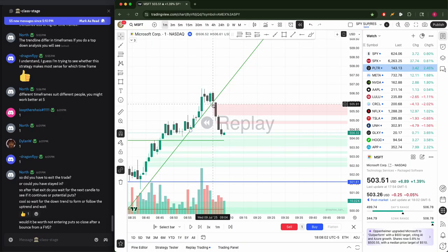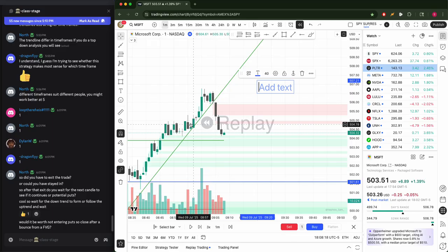See that? So once we got this right here, we came back in and we immediately gap down right here. This is where I'm entering puts, and this is a gap down. Usually you will see the next candle close be very close to the next one, but you see there's a huge gap.